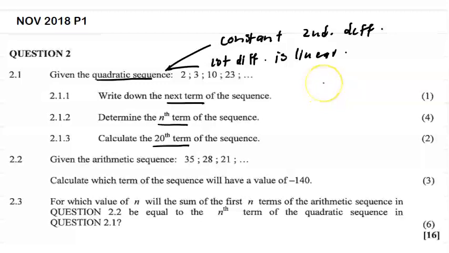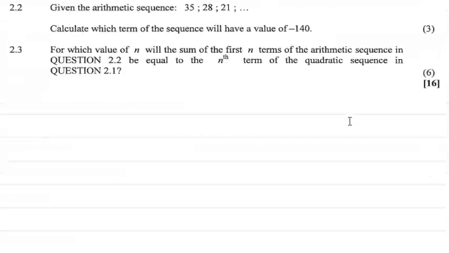Now, just like in all sequences, this is what I do. I always write out my sequence again into a format that is easily understood by me so that I can answer any question that follows. So let's have a look at that. For 2.1, I'm going to write out my sequence as follows.